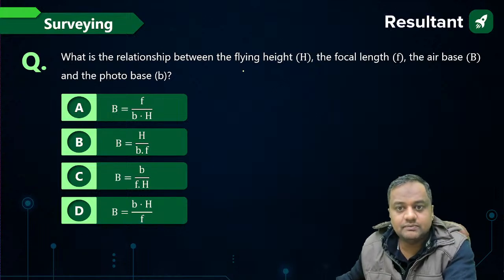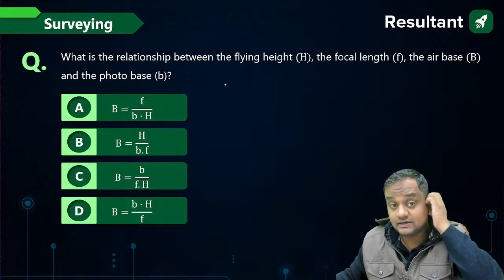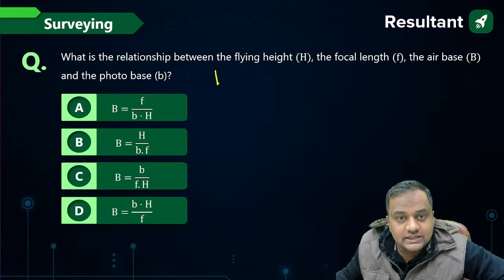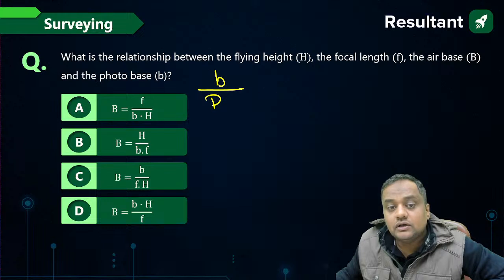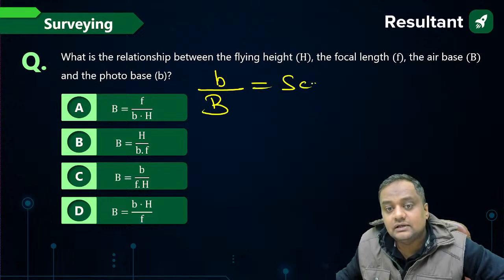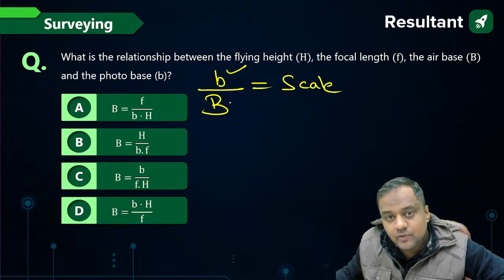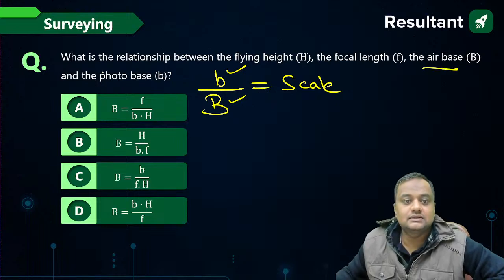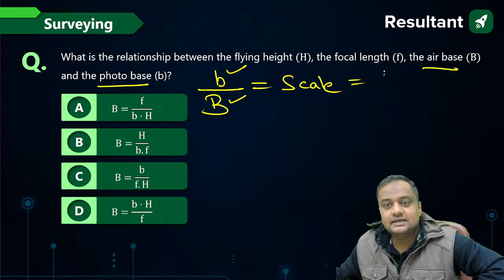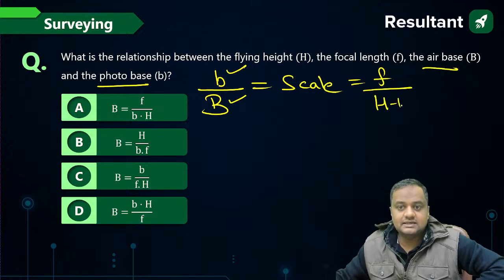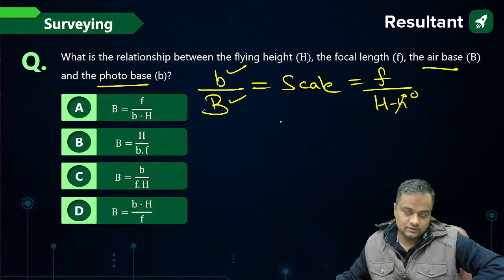What is the relationship between flying height, air base and photo base? Photo distance upon ground distance is equal to scale. Air base and photo base is B, and scale is F upon H minus h, and this h is 0 here.